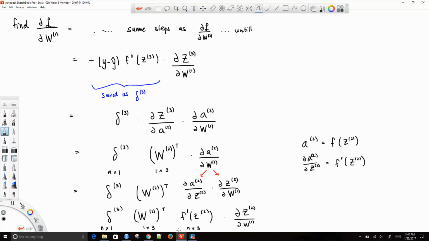So this part is element-wise: n by 1 gets multiplied by 1 by 3, and these combine to n by 3, and then over here we have n by 3, and this part is element-wise multiplication. Then lastly, we just have to take care of this last term.